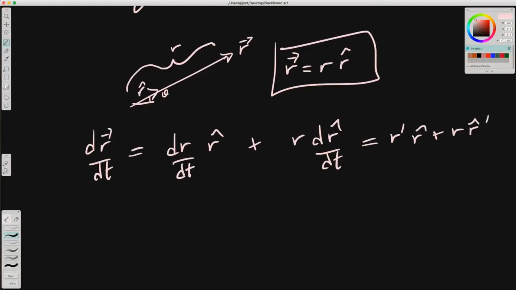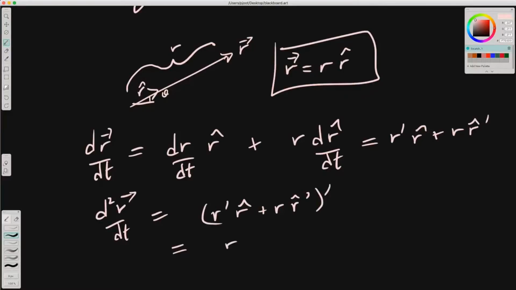We can take second derivatives, and that will be the derivative of r prime r hat plus r r hat prime again.